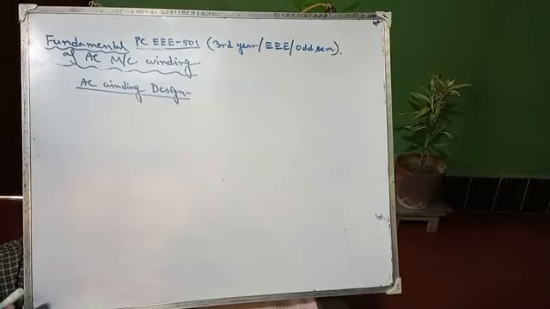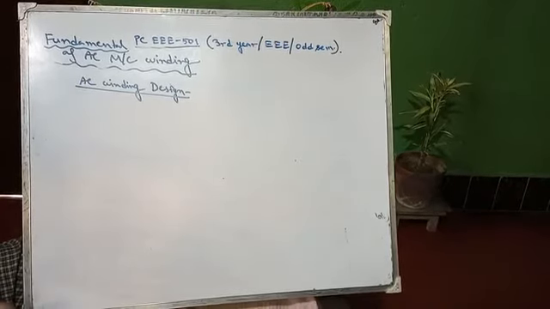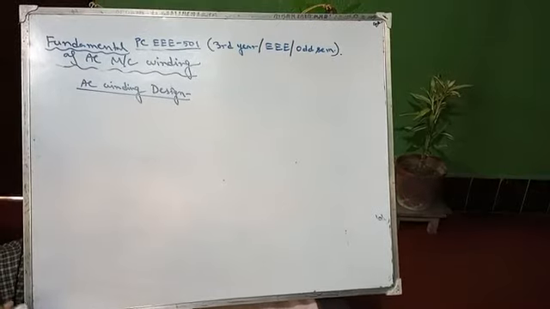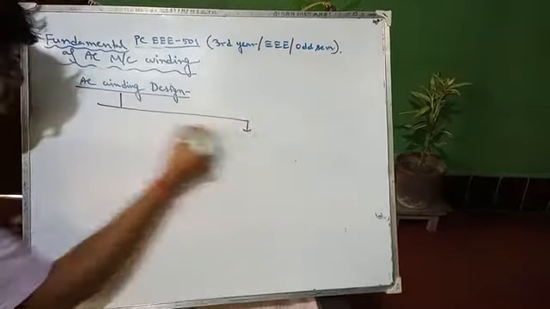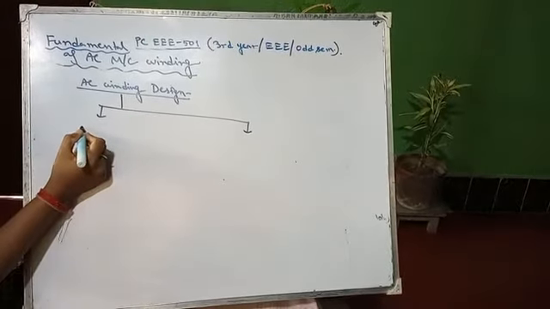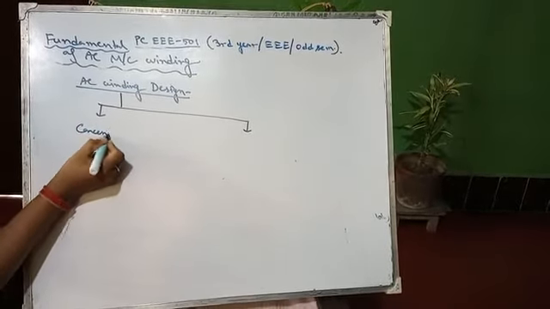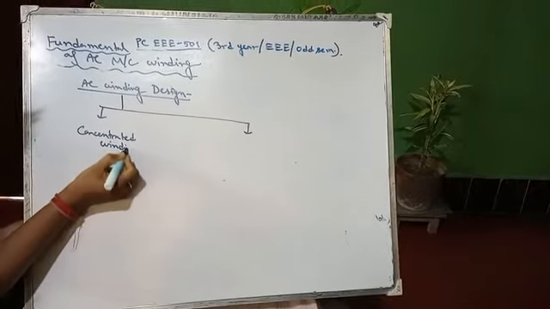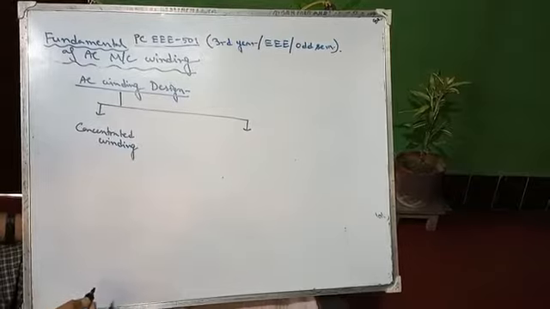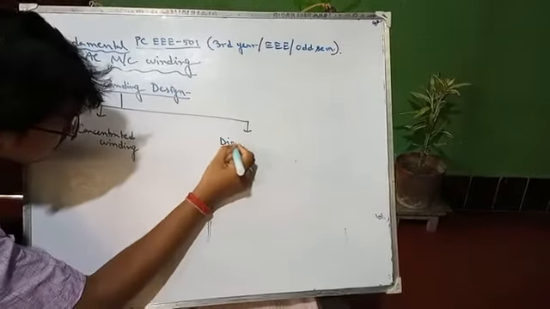Windings used in rotating electrical machines can be classified broadly into two categories. First one is concentrated winding. Second one is distributed winding.